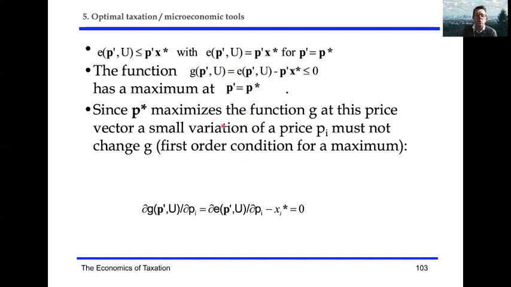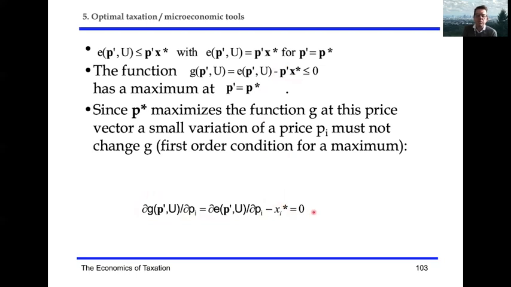So a small change in a price P_i must not change G, the difference. Or in math terms, the partial of G with respect to P_i is equal to the partial of the expenditure function with respect to P_i, that is the partial of this here, minus the partial of this here, and this is simply x_i star.